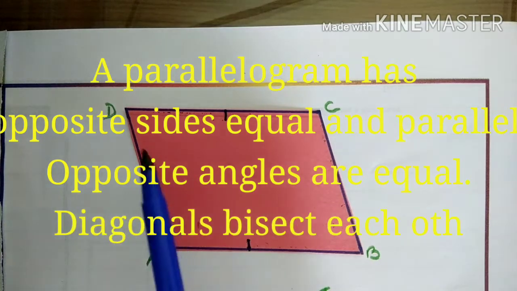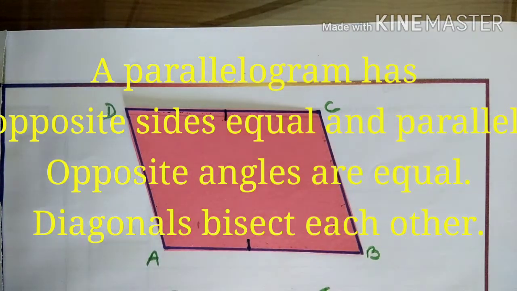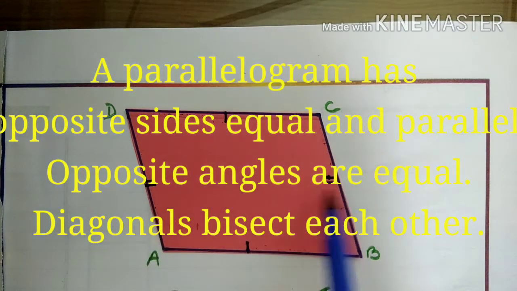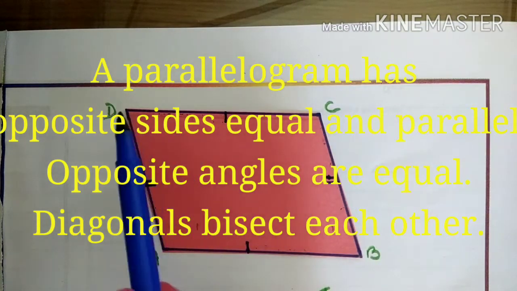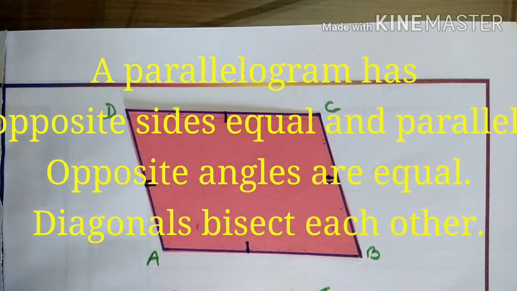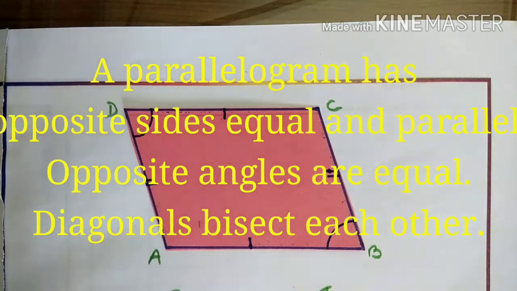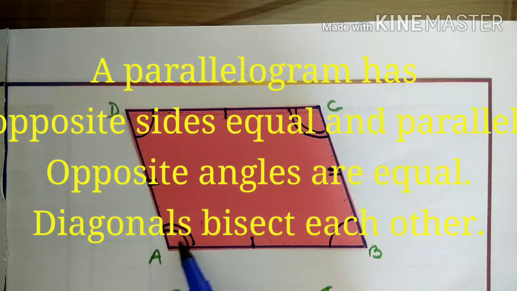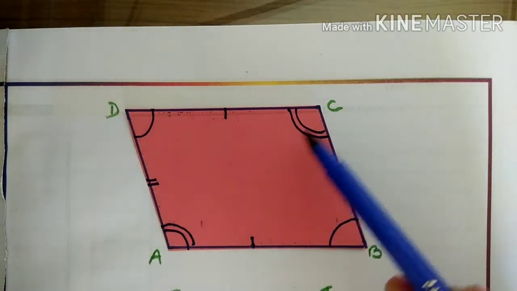You can see single lines and double lines which are representing the opposite sides are equal. Opposite angles of a parallelogram are equal and the diagonals of a parallelogram bisect each other.